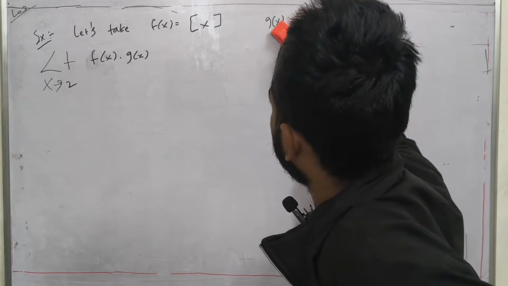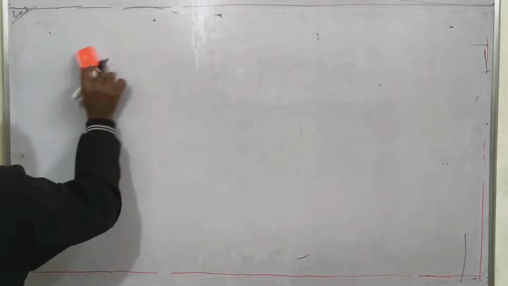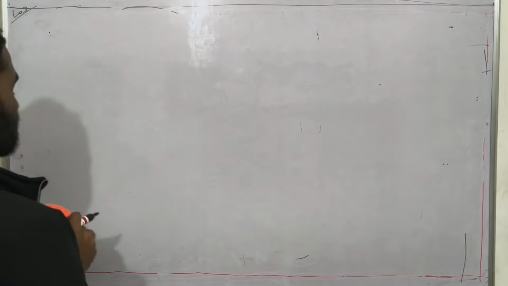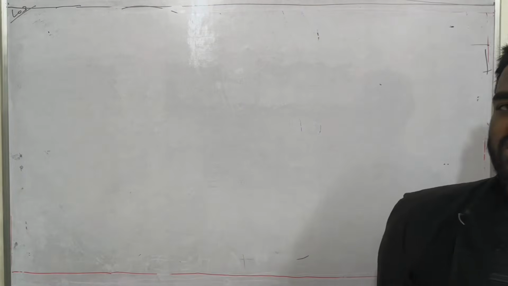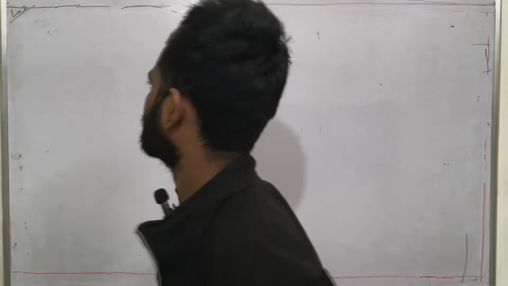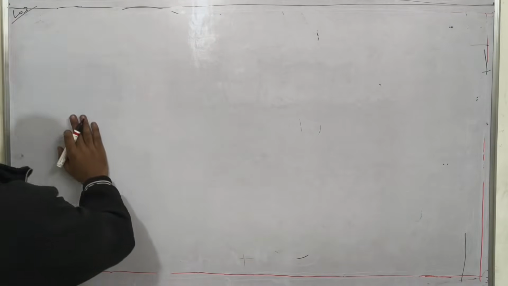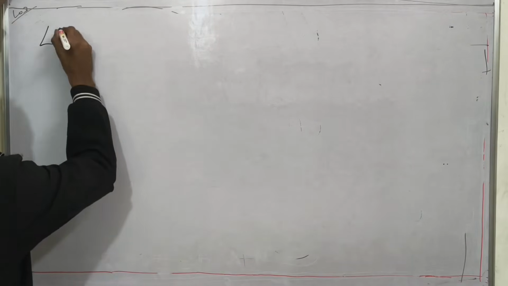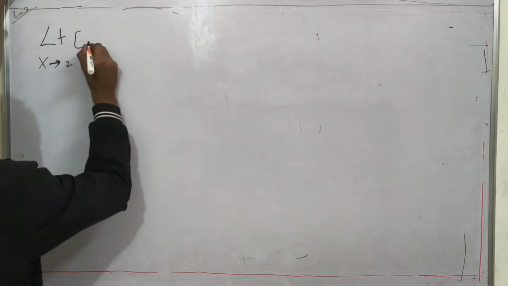Let's solve. Let's see initially whether the individual limits exist or not. Let's find individual limits: limit x tends to 2 of step x.